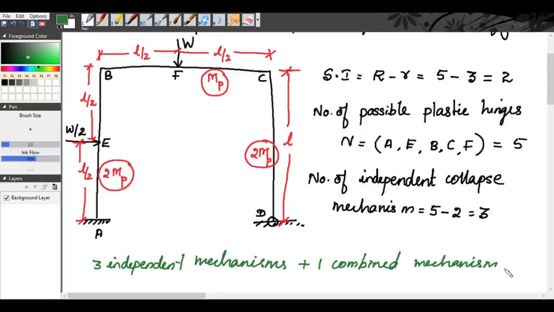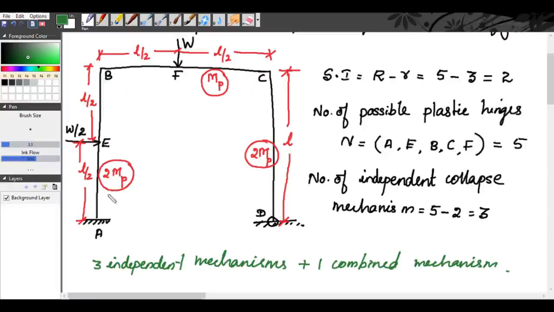Okay, so first of all, what are the independent mechanisms? We have already studied the beam mechanism, the sway mechanism, then the gable mechanism. Now, when we take the span BC, it will be subjected to beam mechanism.